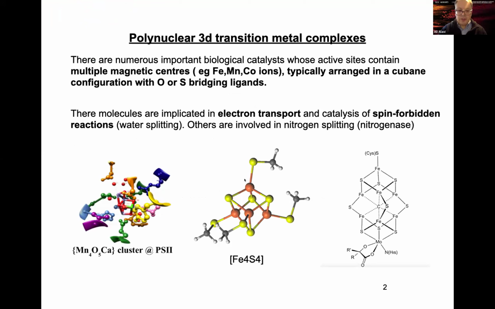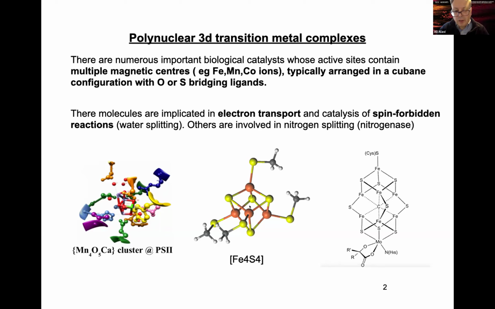By way of introduction, the type of systems that we're interested in are polynuclear transition metal complexes. I show here an iron-sulfur cubane, which typically consists of multiple transition metal sites, which are typically magnetic sites, so that they locally have a magnetic moment, but which are typically spin coupled into a low spin structure, or a low spin wave function.